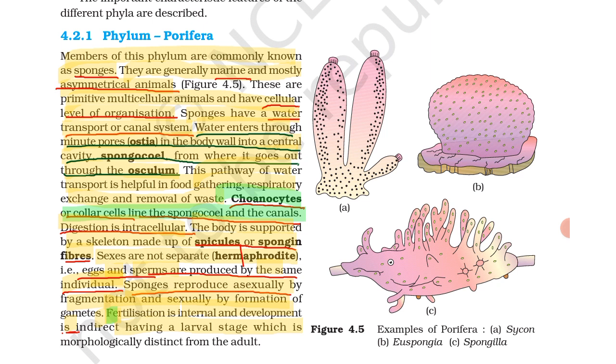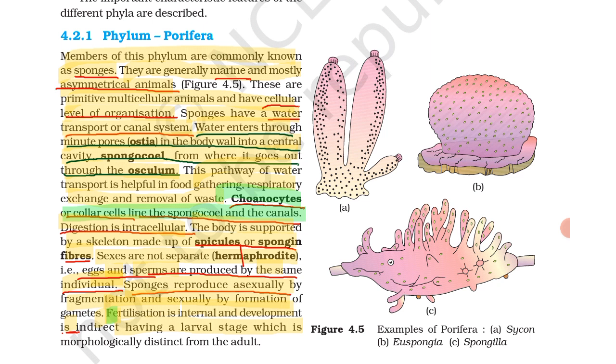Figure 4.5a, Scypha. Here they have shown dots on the body of the sponge. They are saying that the body wall has minute pores. Through these minute pores, the water goes inside the body cavity, and these pores are called ostia.